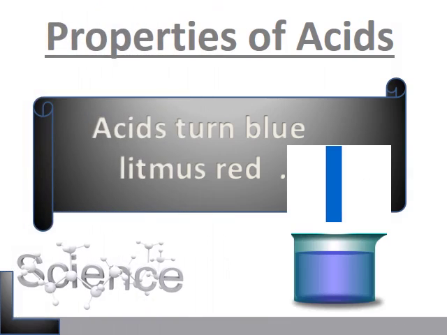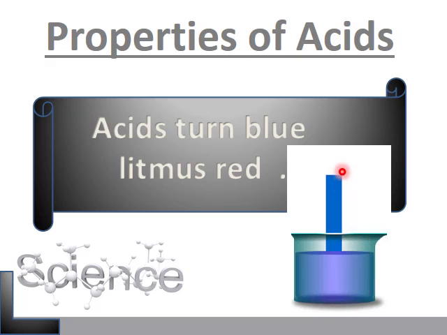The next property of acid is that acids can turn blue litmus red. Litmus paper, as you can see, is blue paper. I'm going to dip it in the acid solution. You can see it has turned red. The part that has been dipped into the acid solution has turned red.